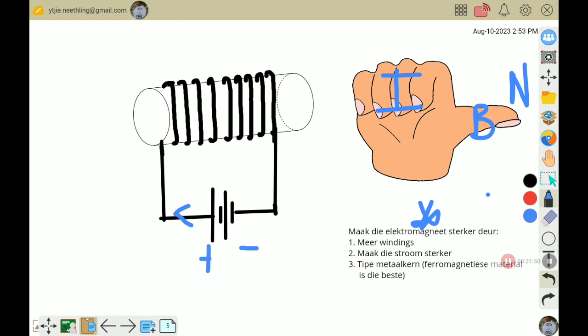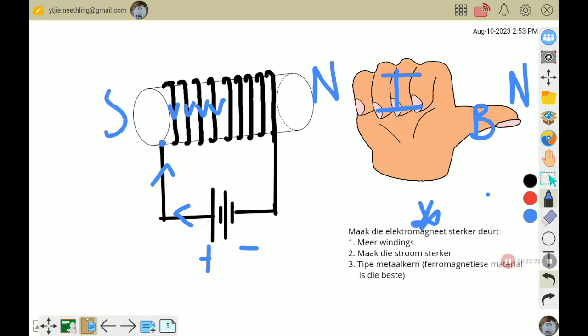The positive going out of it, there it goes at the back side of the kernel, coming in over the front. Okay, so that is how your conventional current will move. Okay, so you need to curl your 4 fingers forward according to our picture. That means north will be on this side as your thumb will indicate it.